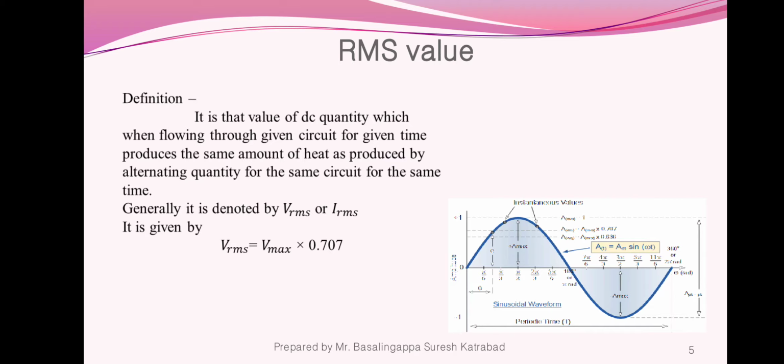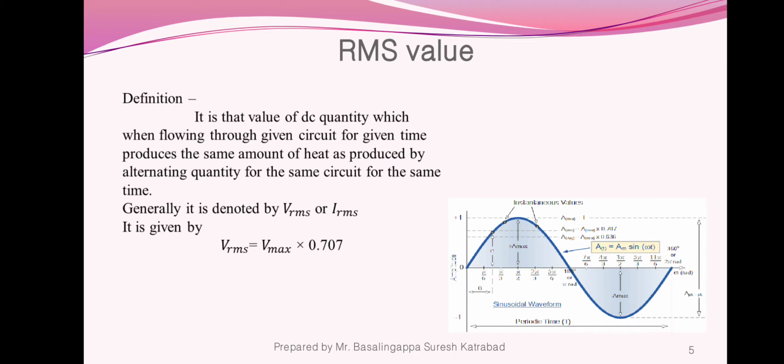When we give AC supply, that resistor will produce heat. Now we can replace this AC quantity with a DC quantity, means DC supply. Whatever heat is produced by the AC quantity, the same amount of heat I want to produce by giving DC supply. So whatever current or voltage is required to produce the same amount of heat, that is known as RMS value. It may be a current or voltage.